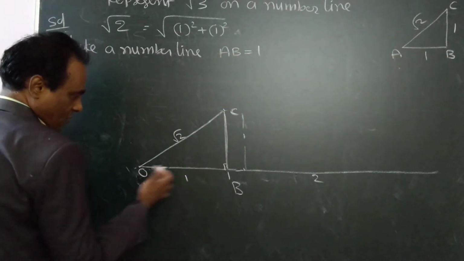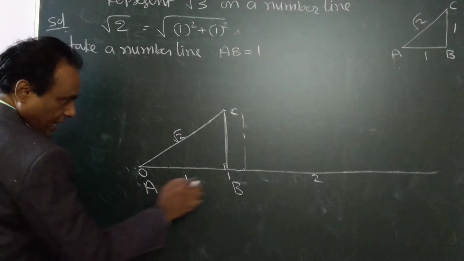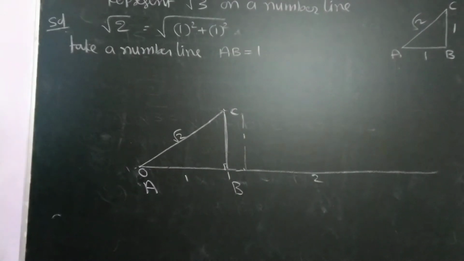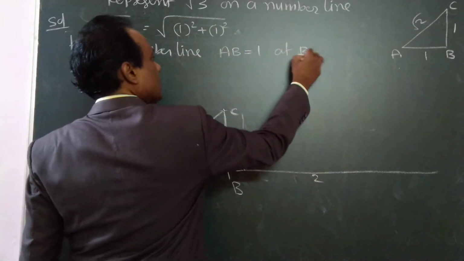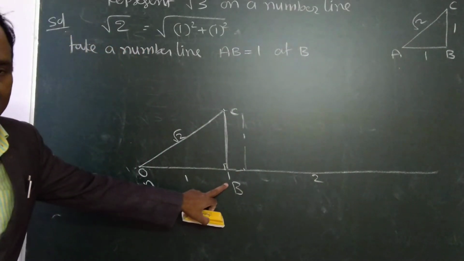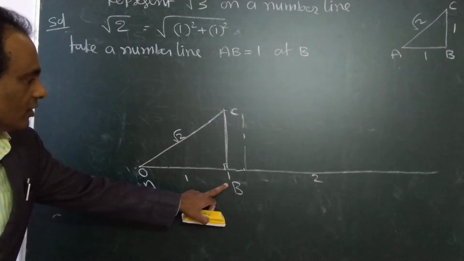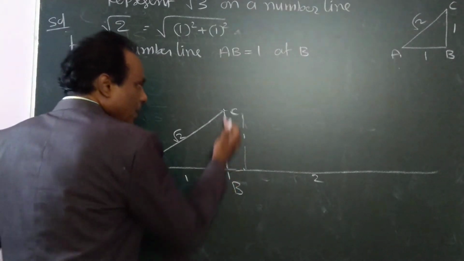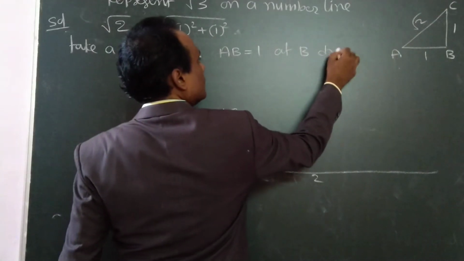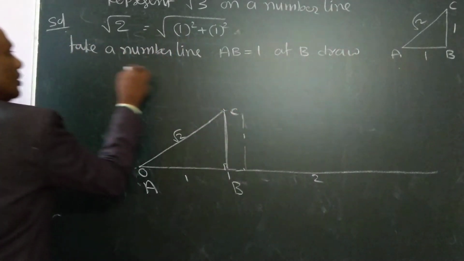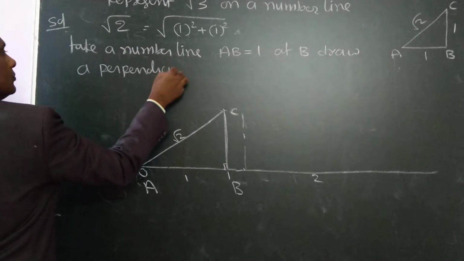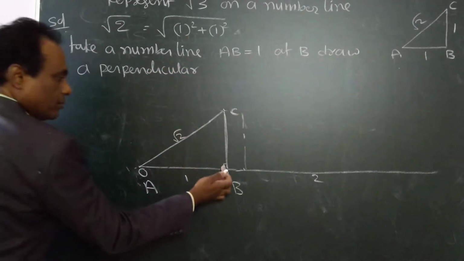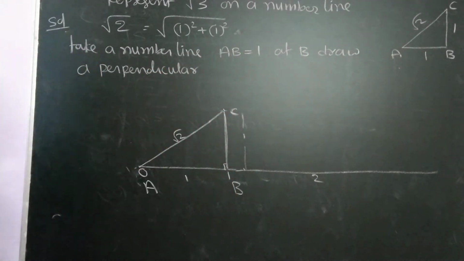What is AB? 1. This distance, A to B distance is 1. A to B, draw a perpendicular.